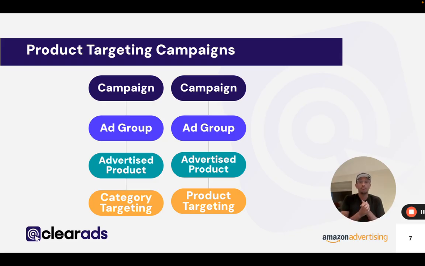ASIN targeting. With product targeting, you're probably going to have a bunch of different types of product targeting campaigns in place. You might have a product targeting campaign for one ASIN that is closely related ASINs, ASINs that match your products. Those that you win in terms of price, so you're priced more competitively than others. You might have a campaign that is review focused, so any ASINs where you're winning in terms of review rating.